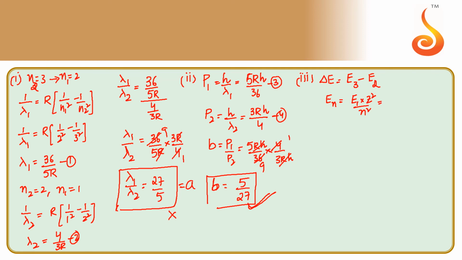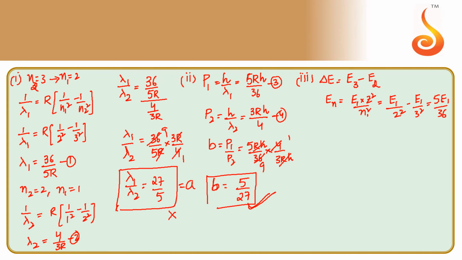Since we are talking about the hydrogen atom, Z value is 1. So we write E1 by 2 square minus E1 by 3 square. By simplifying it, we get 5E1 by 36.